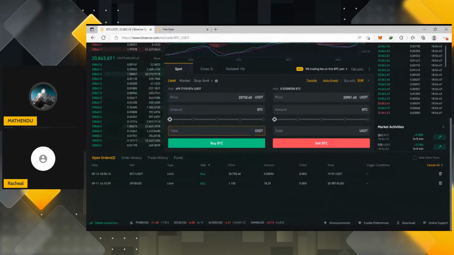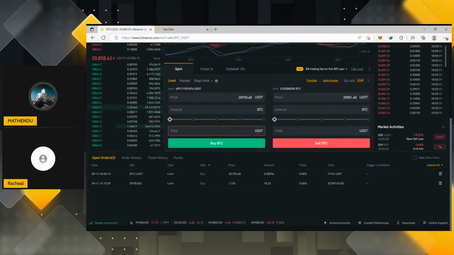Some of the limit convert features also depend on the trading pair you want to convert. Then, can I create limit, stop limit, and OCO orders at the same time? I think you can just create an OCO order. I'll be covering that shortly.